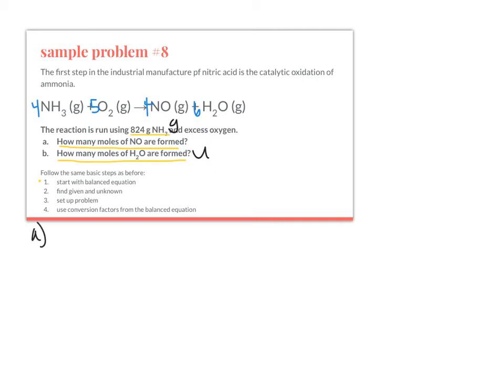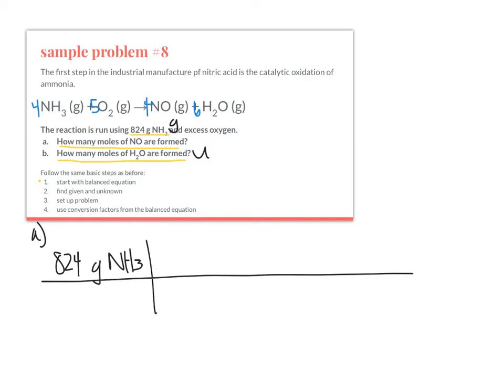So the given for part A is still 824 grams of NH3. If we have grams of NH3 on top, we have grams of NH3 on bottom. And what are we trying to get to? On A, how many moles of NO are formed? So can we go from grams of ammonia to moles of nitric oxide?